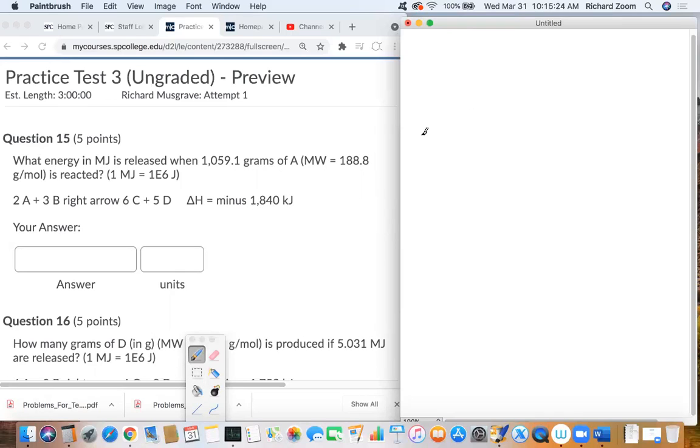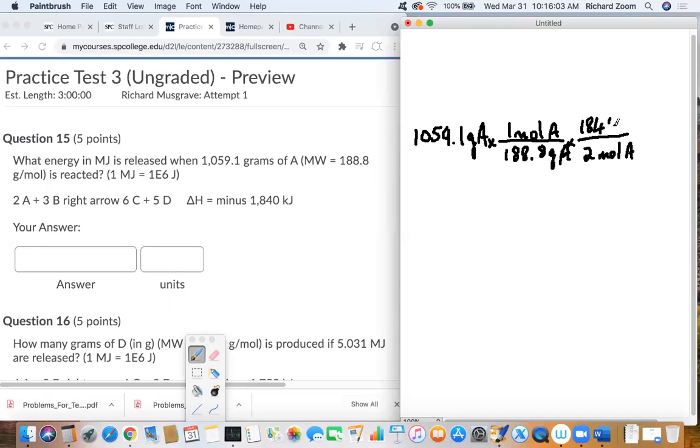All right, so we do this by doing 9.1 grams of A, and we'll do times 1 mole of A over the molecular weight, which is 188.8 grams of A. So that gives us moles of A. Now the key part here is the relationship between A and delta H. So 2 moles of A, which goes on the bottom here to cancel the moles of A on top, produces 1840 kilojoules.